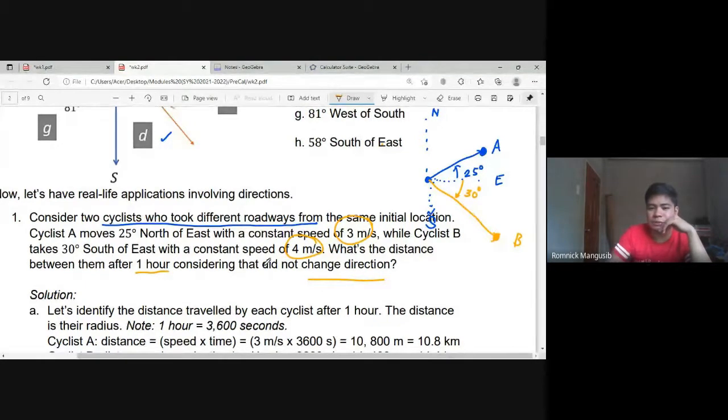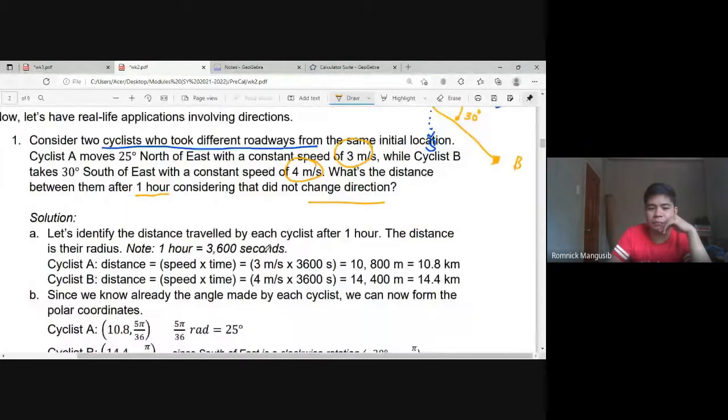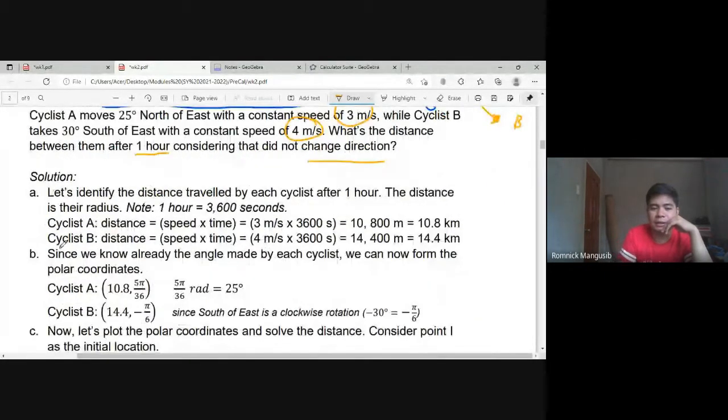Ang crucial sa pagsosolve ng ganitong problem ay yung pag-intindi sa kinalaman ng speed to distance. Speed to distance, ito talaga ang unang-unang pakikilaman mo.